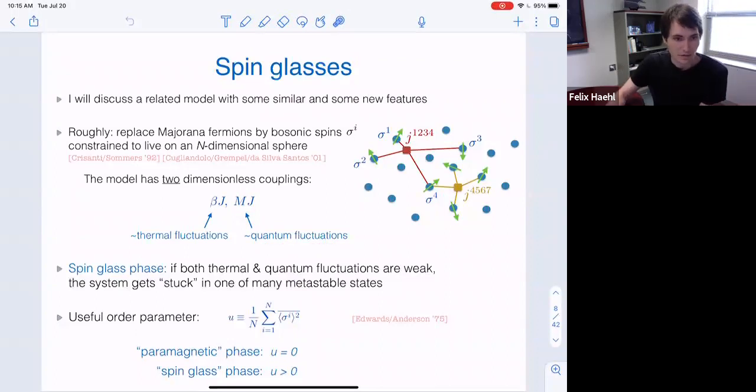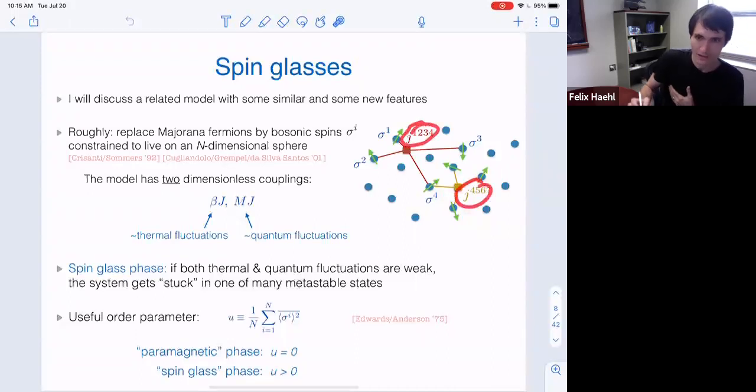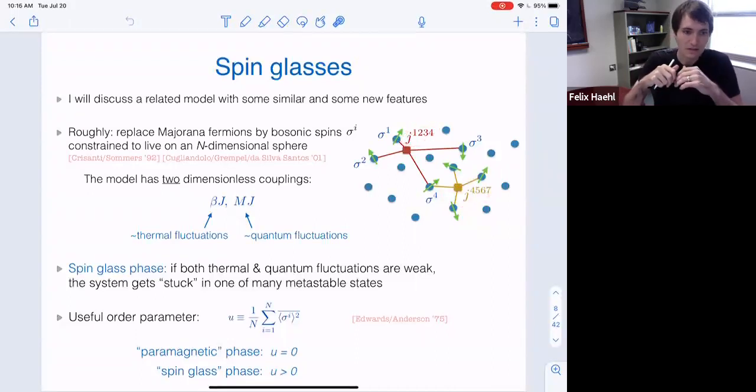What these models with quench disorder have in common is that you have these random potentials. All these couplings between spins are randomly chosen from a Gaussian with a zero mean. Depending on the sign of these couplings, these spins want to point in different directions.